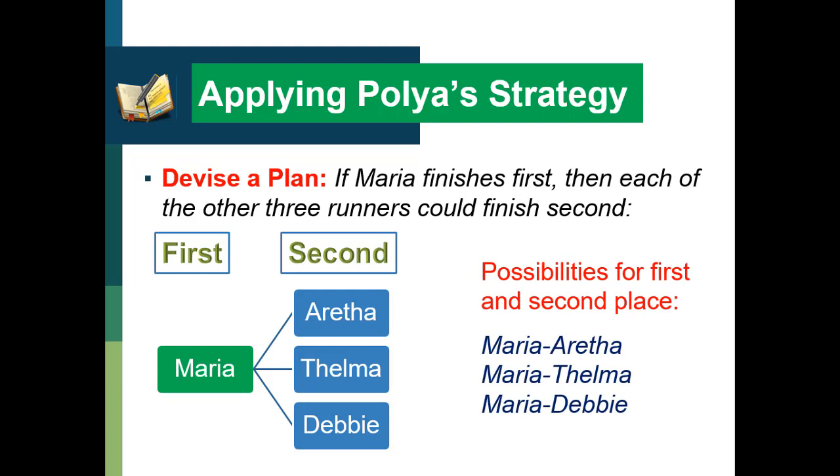So basically, there are 3 possibilities if one of the 4 runners will finish first. Did you get it? Now, we will do the same diagram for Aretha finishing first, Telma finishing first, and Debbie finishing first. And let us count all the possibilities using the diagram.